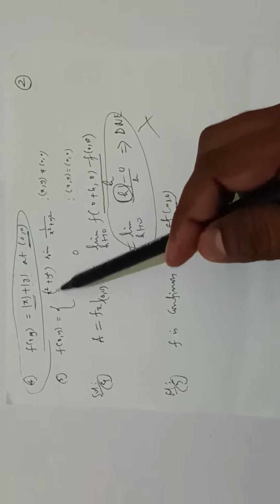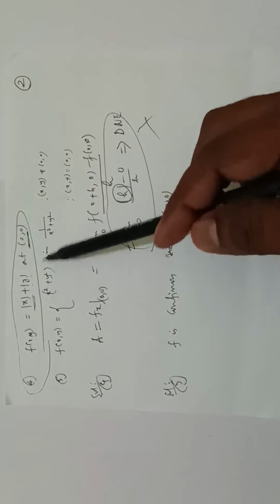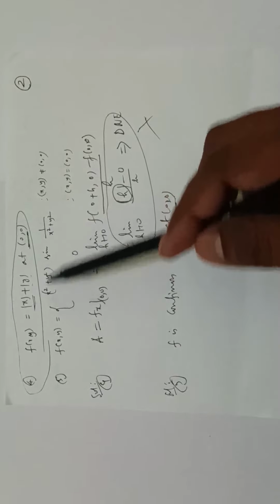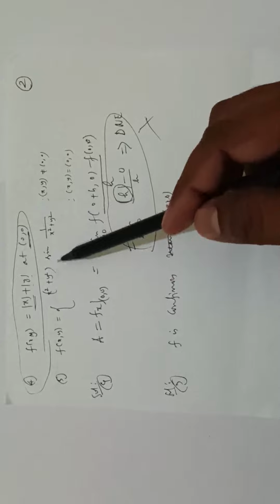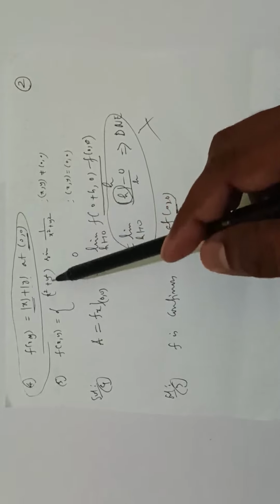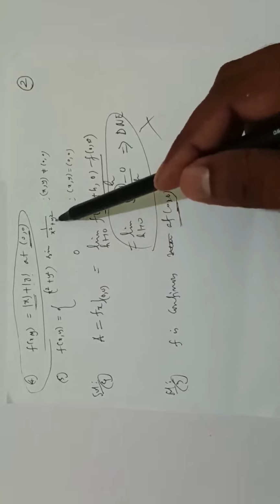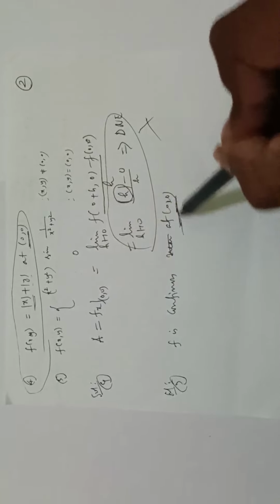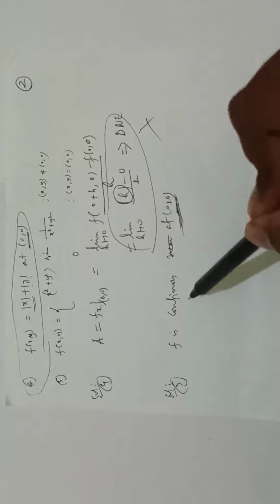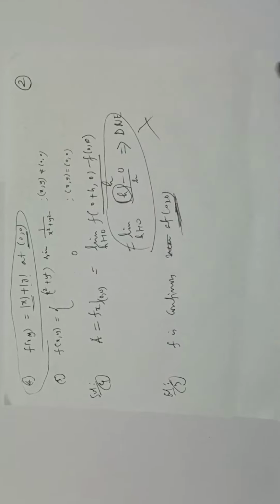Understood? So this is a continuous function if you come out from the origin. This is also a continuous function if you come out from the origin. So the product will be continuous. So the only bothering fact is near the origin. So we are concentrating at 0 comma 0. Understood? Okay.